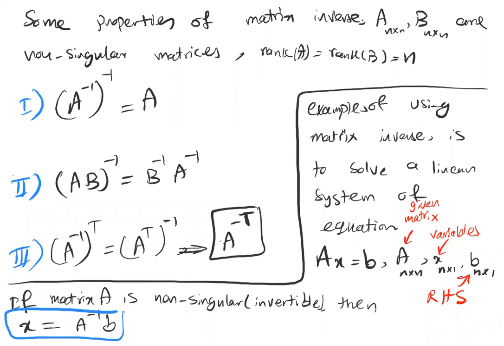For example, here, if the number of equations, which is m rows, is less than the number of variables, in this case, we can optimize to find the values for our variables.